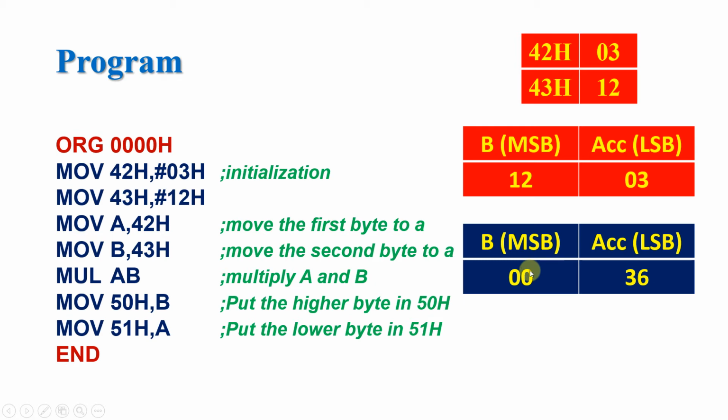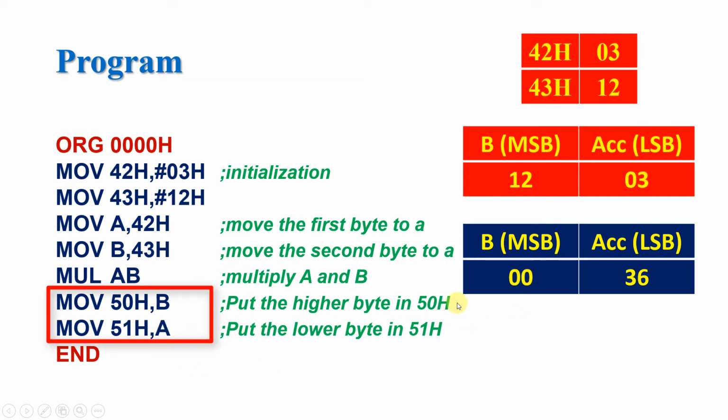B register is 00, and as a result you find that the overflow flag will not be set. But if the result is greater than 8 bits, then there will be some number in the B register and the overflow flag will be set.